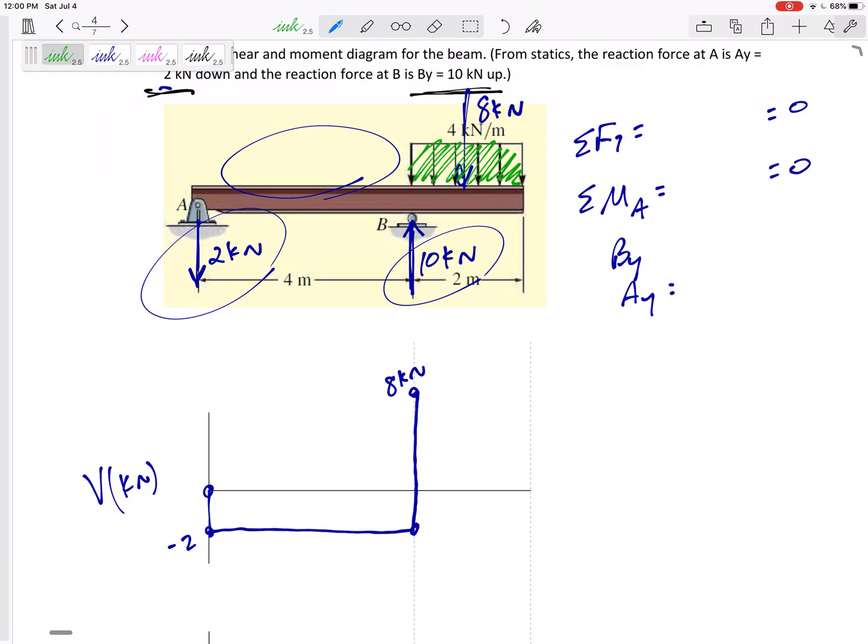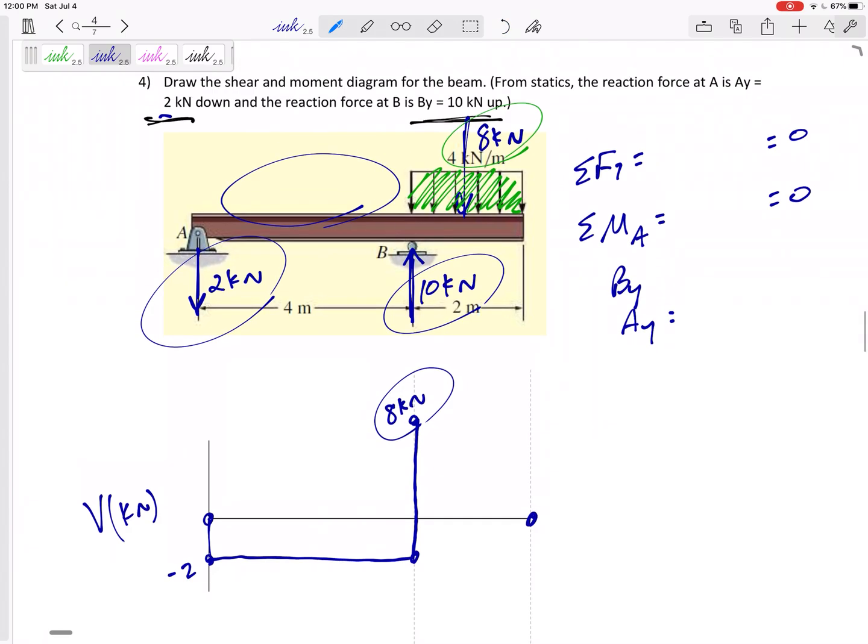So first I figure out, okay, what is the area of that distributed load? It was 8, and so it gets pushed down by 8, so it goes from 8 to 0. Hey, that's a good sign. We should always end up at 0. How did it get pushed down? Did it go down like this? Did it go like this, straight?